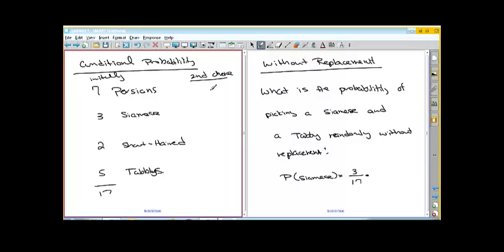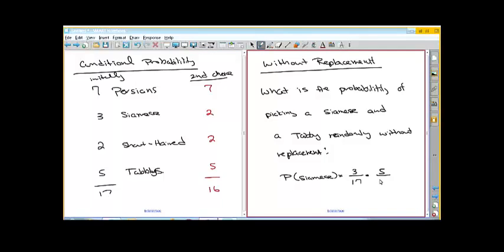If I initially pick one of the Siamese, then my choices now are these numbers. So the total number of cats still available is 16. I make that modification to what's available, and then I answer the question, what's the probability of picking a tabby? Without replacement, I didn't replace the Siamese. So there are 5 tabbies and there are 16 cats.